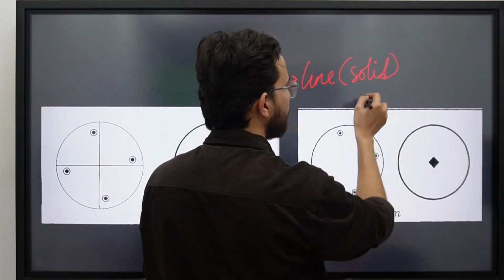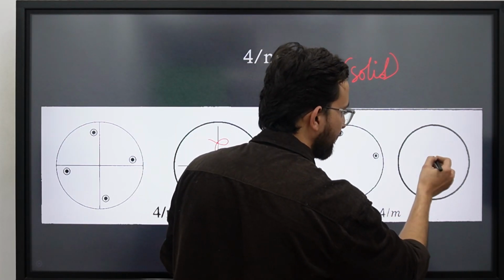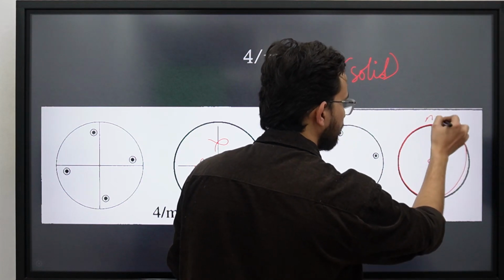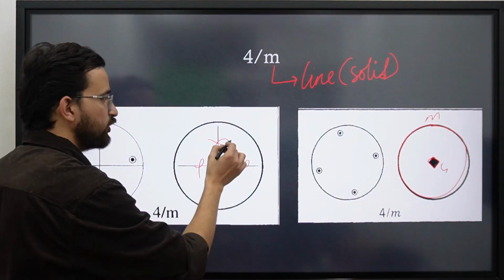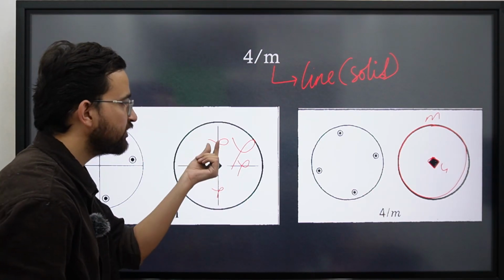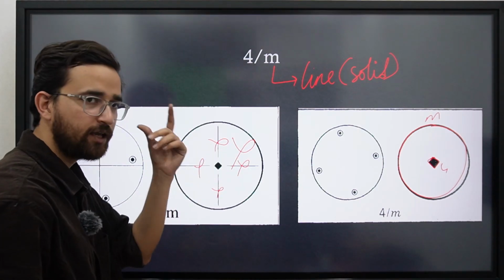If you don't have a mirror, you do not generate a solid line. That is why you generated a fourfold and you generated this solid line representing the horizontal mirror, and you are done. You will never generate something like this, because there were no mirror planes, you will never generate a mirror plane here.